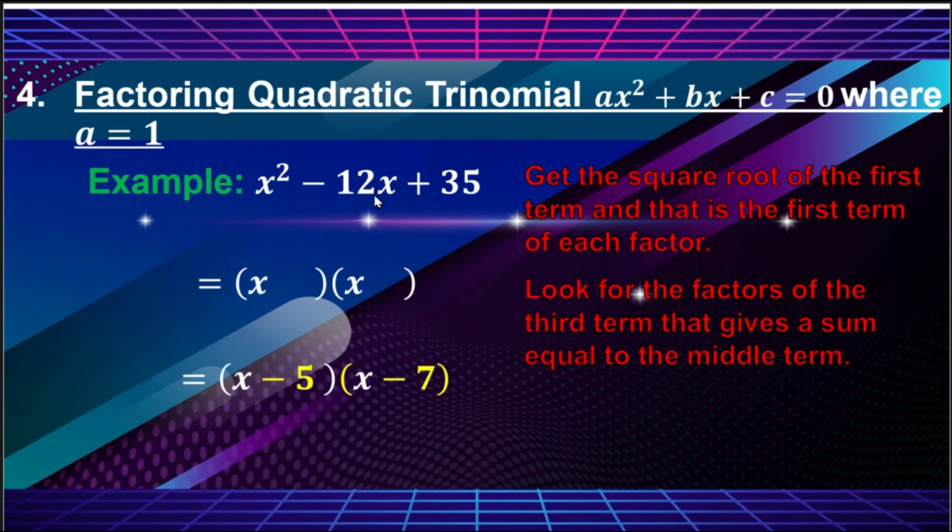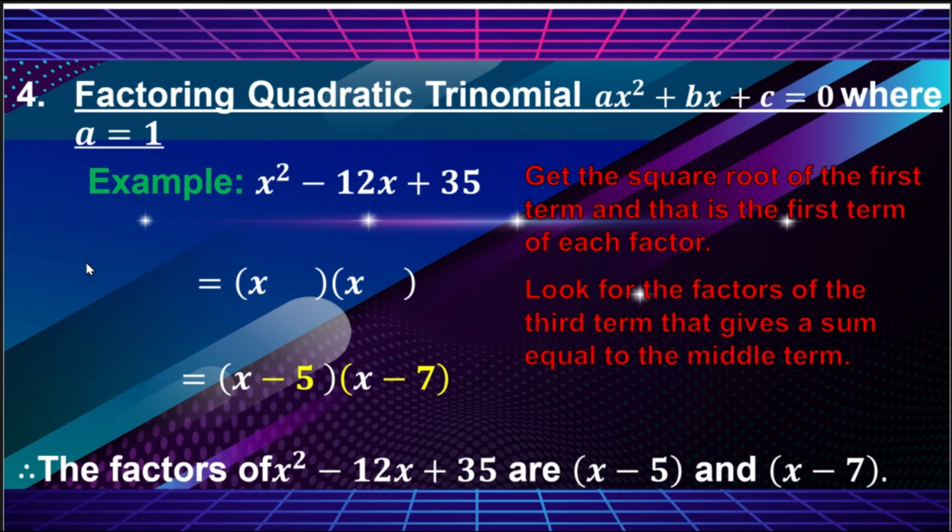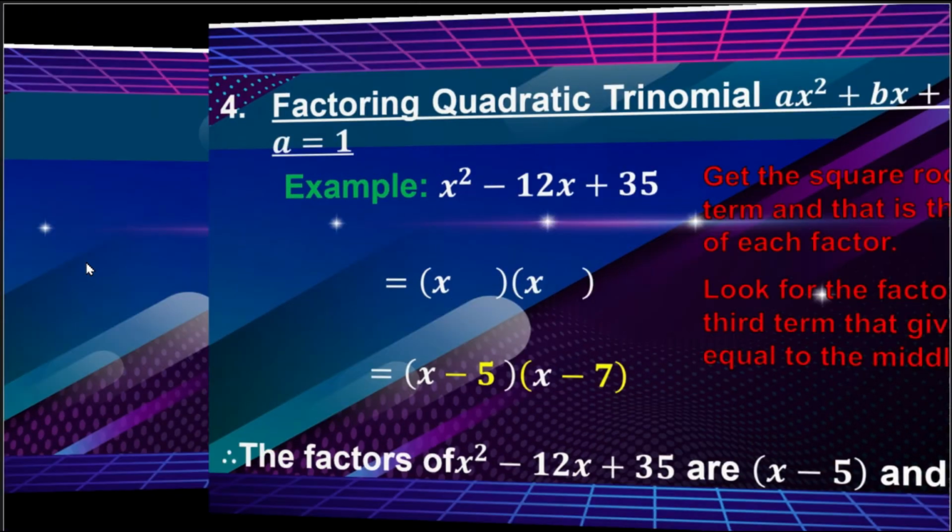And I guess it's negative 5 and negative 7. Let's check. Negative 5 times negative 7 is positive 35. Negative 5 minus 7 is negative 12. Therefore, the factors of x squared minus 12x plus 35 are x minus 5 and x minus 7.